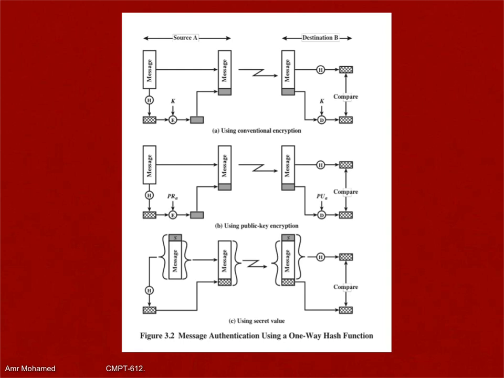So one way is to produce the hash, which has a signature of the message. We call it a message digest. ماشي? So this will produce a message digest. Then we embed the source identity through some encryption, and the encryption can be done using symmetric key encryption.